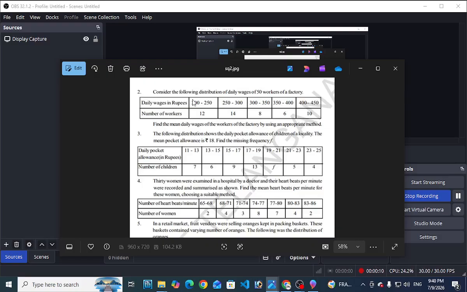Here we have the 14.1 second problem. Consider the following distribution of daily wages of 50 workers of a factory.